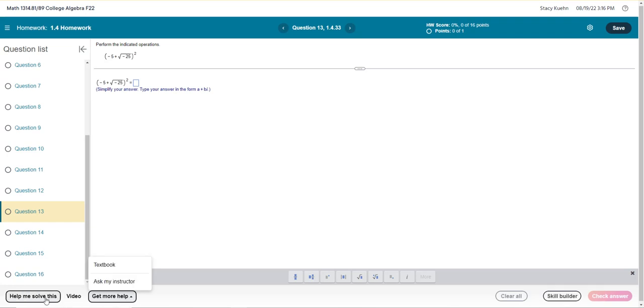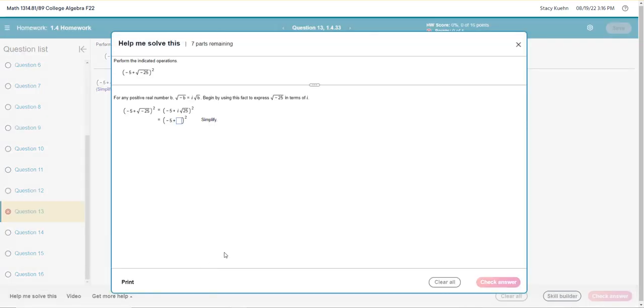Now, for the help me solve this, if you choose to use it, students like to be able to do this because it gives them a little bit of extra help. Maybe they see the example again, or how to work this particular problem. It's going to walk you through how the textbook would explain how to do this.